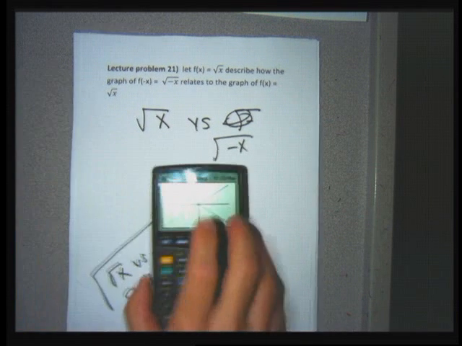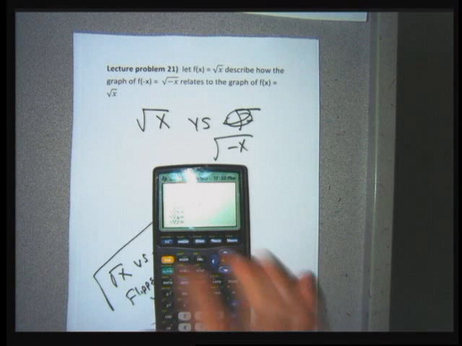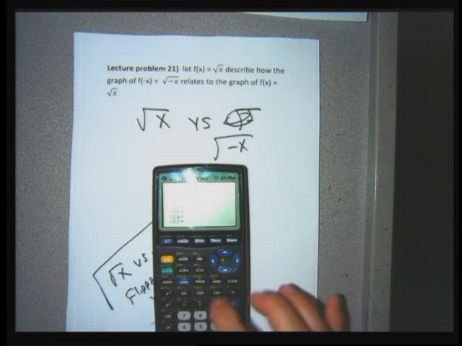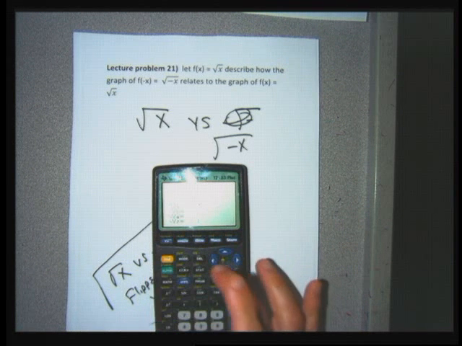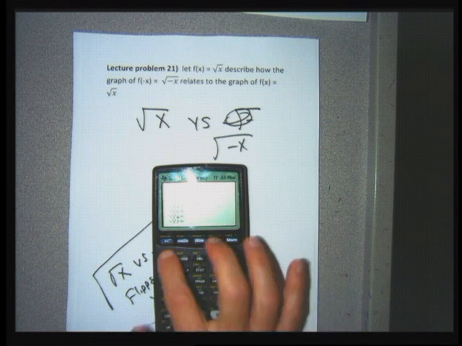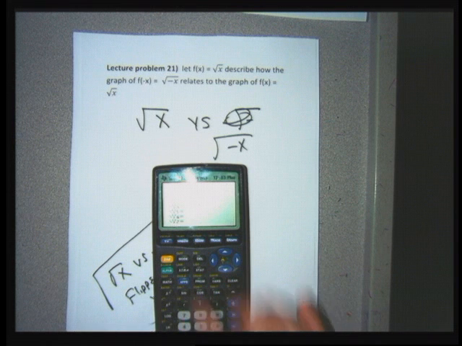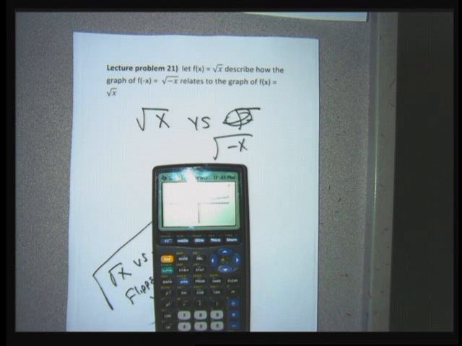If I clear these out and graph first the square root of x, that's just a generic half parabola on its side. If I put the negative under the square root as opposed to in front of the square root, it reflects the graph over the y-axis.